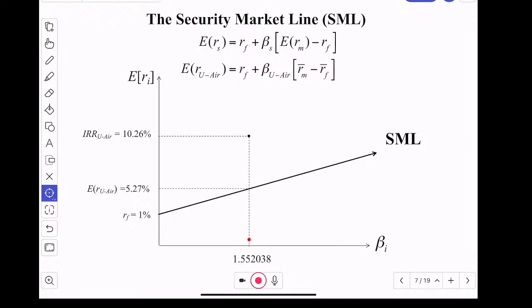This will be the appropriate risk-adjusted rate of return for UAir because UAir's beta is 1.55. The project puts us here. So this is a valuable project. It's currently undervalued, right? So we should take this project and pursue it because it's up here.